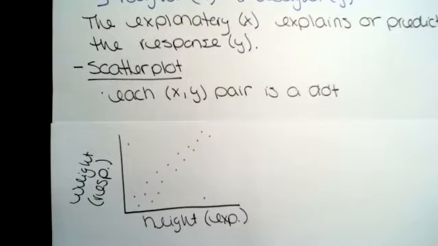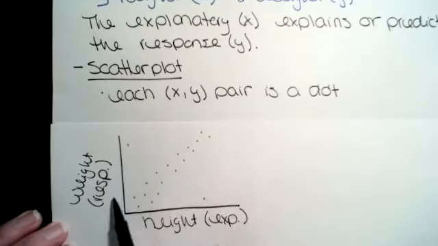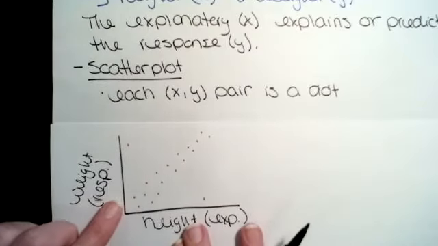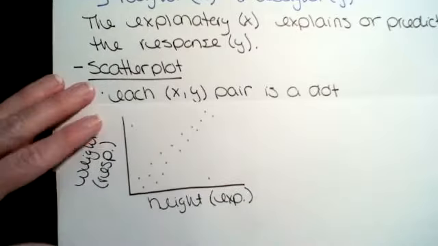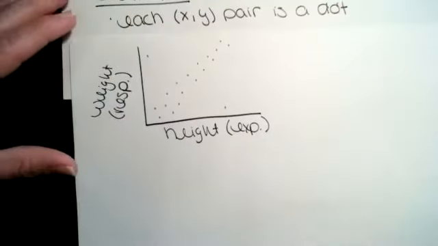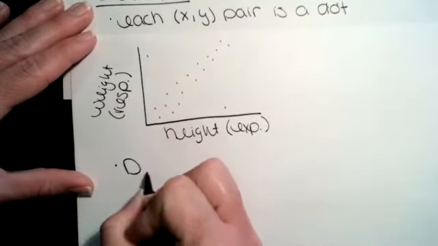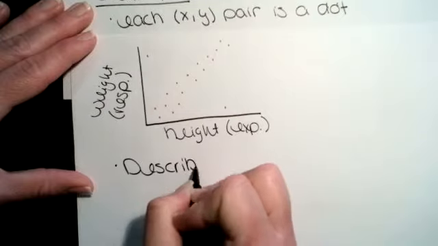When we look at these scatter plots, we can describe the relationship that we see between X and Y just by viewing this plot. So when we do that, let me write this down.